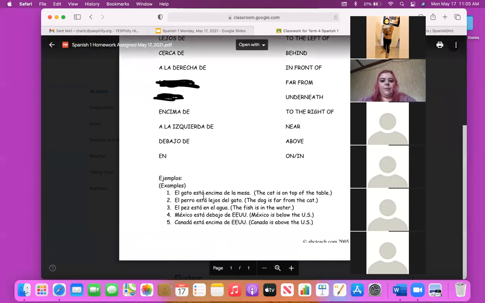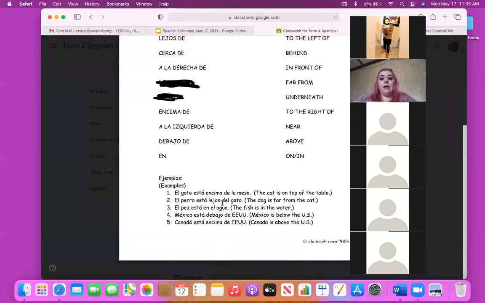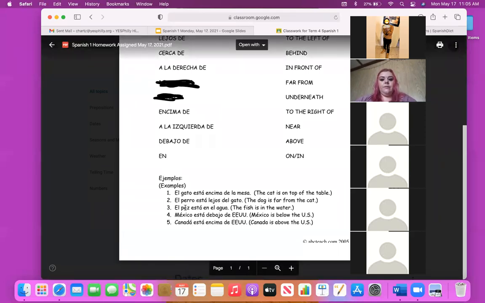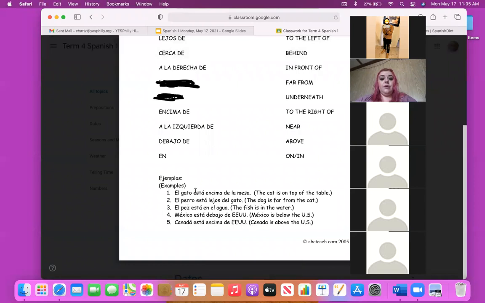With this part at the bottom, I didn't make this, I found this. So you don't have to do anything with it. You can just look at it. You see, el gato está encima de la mesa. So the cat is on top of the table. We can actually go through these.